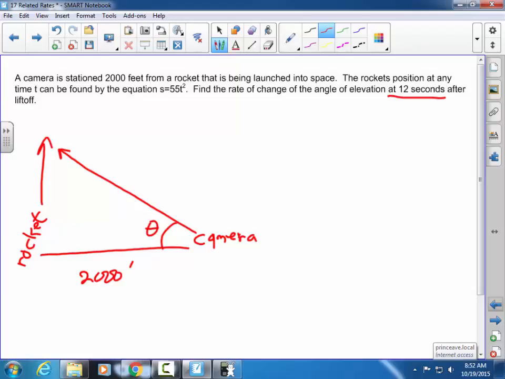The rocket's position at any time can be found by s equals 55t squared. So this over here is going to be changing, so it's going to be the letter S. So we can find s at t equals 12.